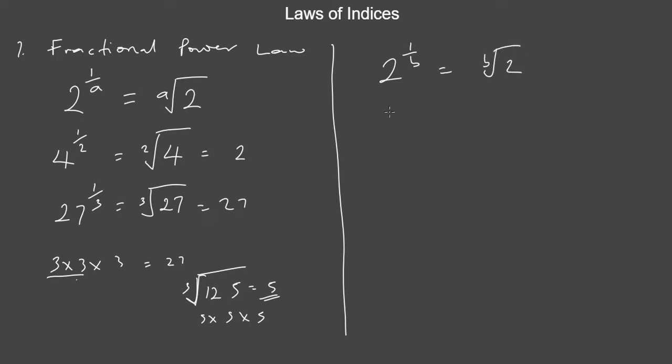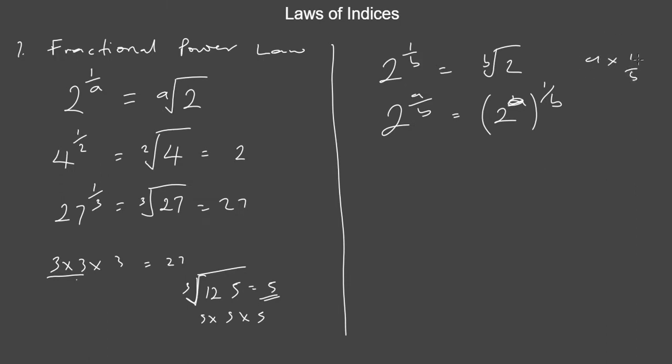But what if I have something like 2 raised to the power of a over b? In this case, you have to express it like this. You are taking the a out and the 1 over b outside. Don't forget that it's the same thing because I can multiply a times 1 over b.